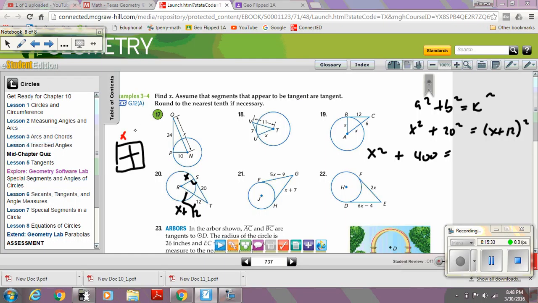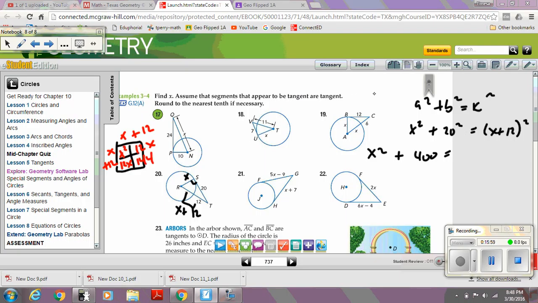Put your x plus 12 at the top and x plus 12 down the side, and multiply part for part. So x times x is x squared. X times 12 is 12x. And it'll be the same thing here. And then 12 times 12 is 144.